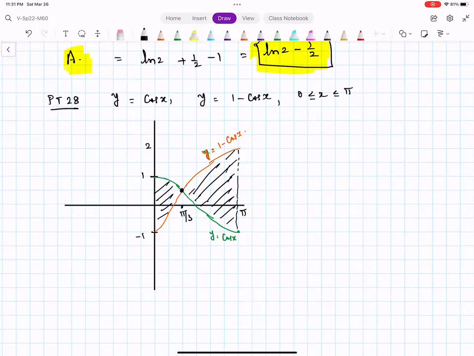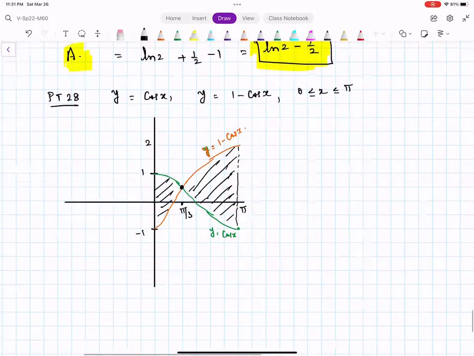So y equal to cosine x is only drawn between 0 and pi. We know that y equal to cosine x looks like this if you are considering between 0 and 2 pi, but we will consider only between 0 and pi. We're only going to consider that part of the graph, which is given in green in the picture, because it's only between 0 and pi, not up to 2 pi.